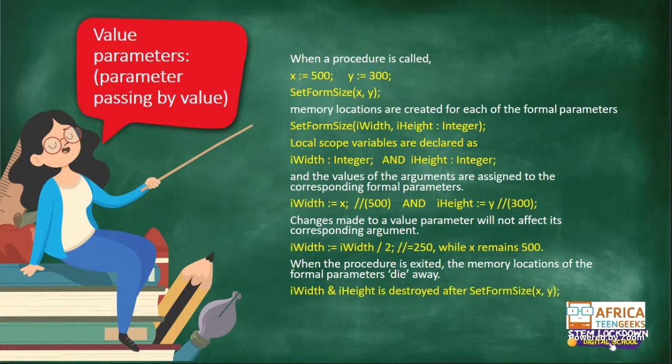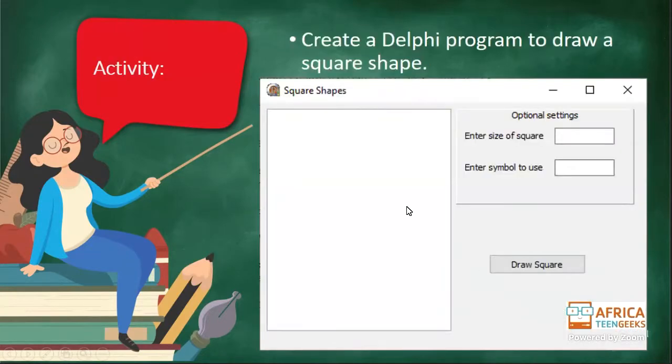So here's the example. I width and I height are destroyed after set form size XY is completed and done. Okay, so now we're going to do an activity. We're going to draw a square shape, and we're going to start off by creating a procedure that is able to take the size of the square as well as the symbol that will be used to create the square.